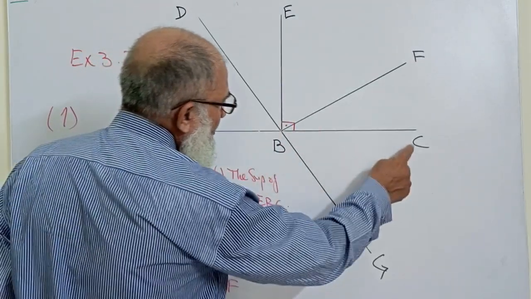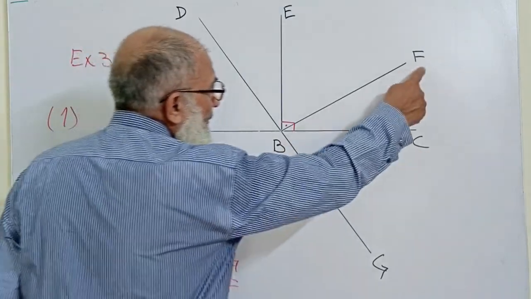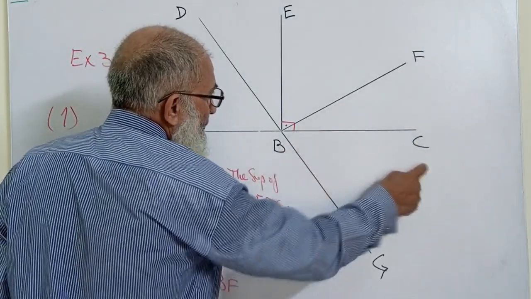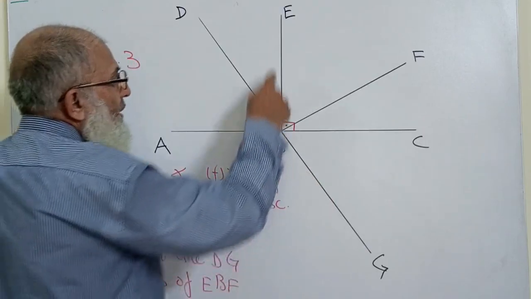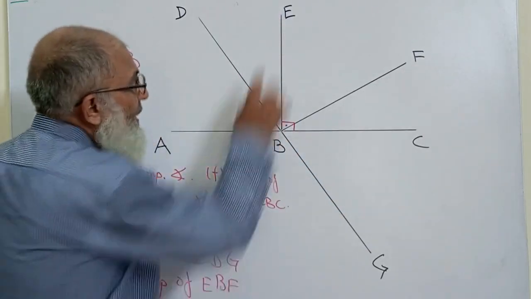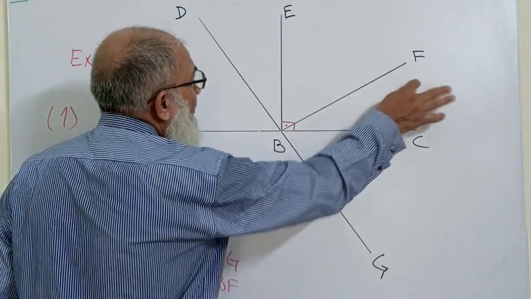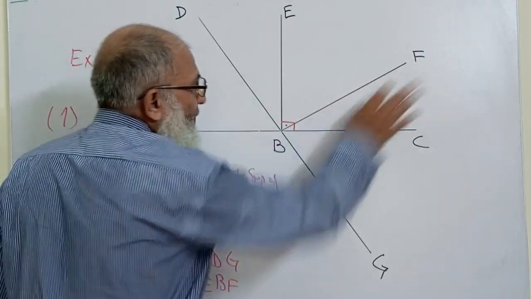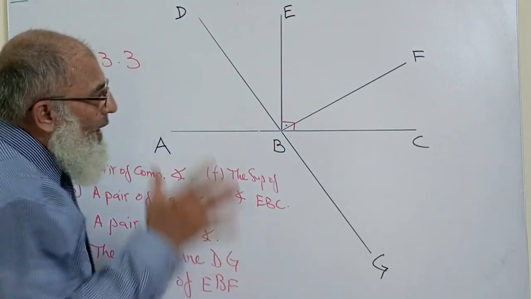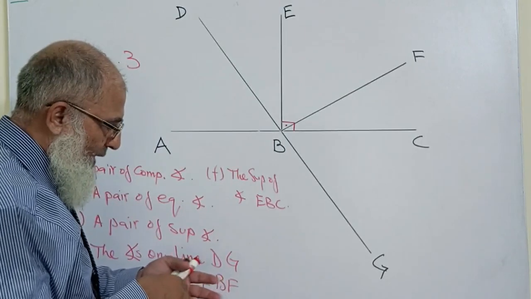So there is an angle CBF or FBC, you can call it by any name, and EBF. Now CBF and EBF are the pair which constitute 90 degrees when added together.